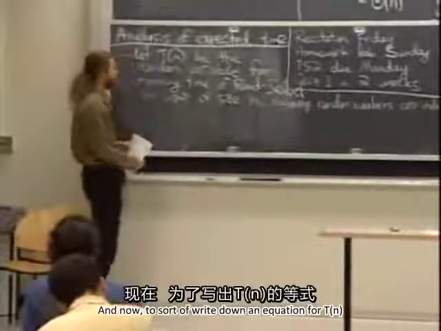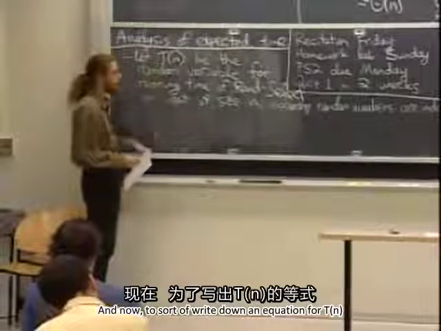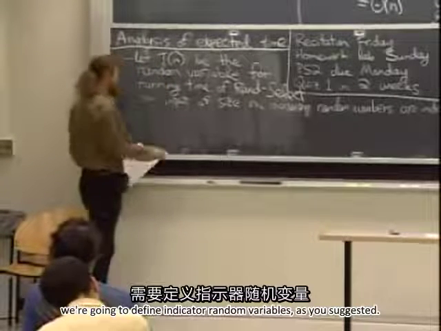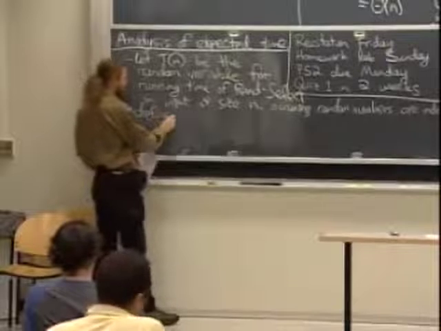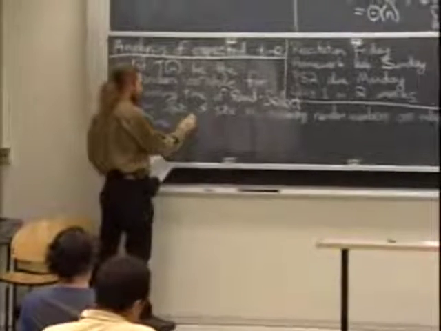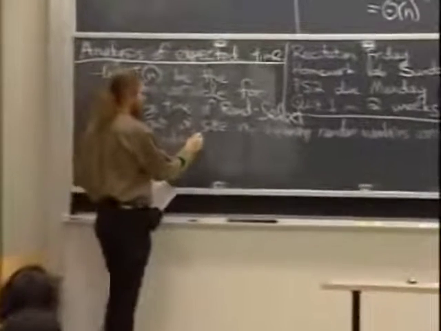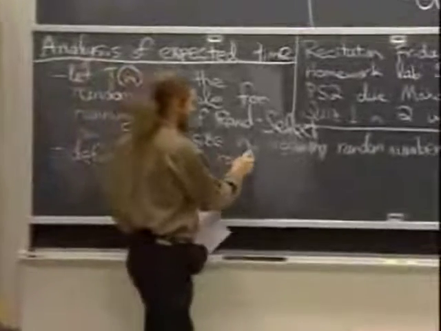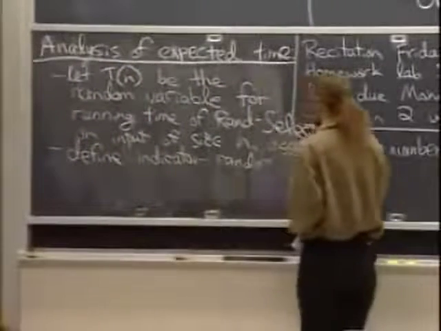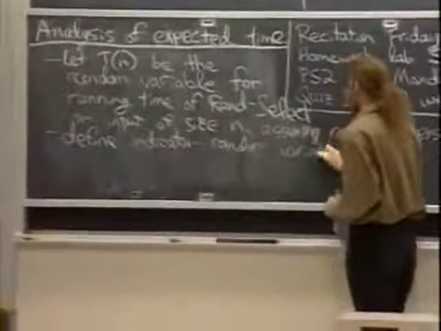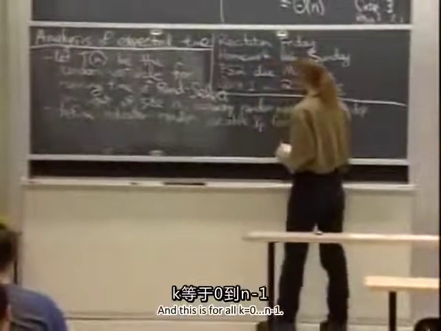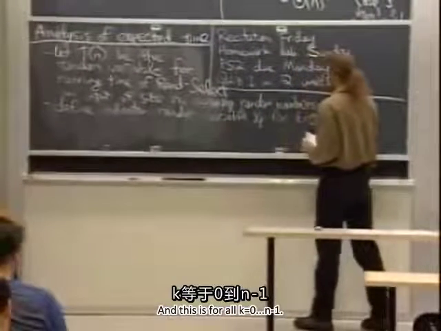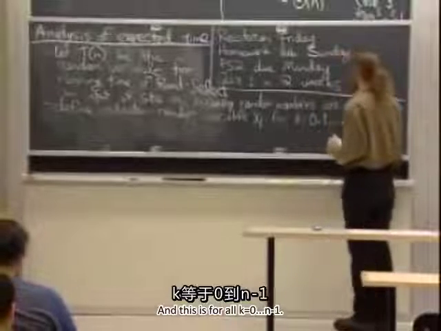And now to write down an equation for T of n, we're going to define indicator random variables, as you suggested. We'll call it X_k, for all k from 0 up to n minus 1.